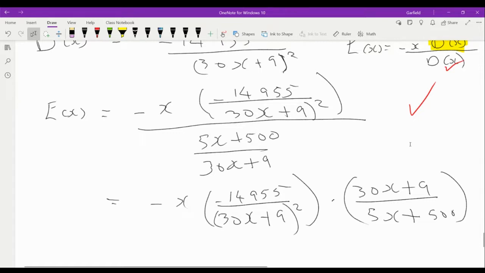I'm not sure if you're following what I just did. Here, we're dividing by a fraction. When we divide by a fraction, we convert it to a multiplication. So we flip it and it becomes a multiplication.